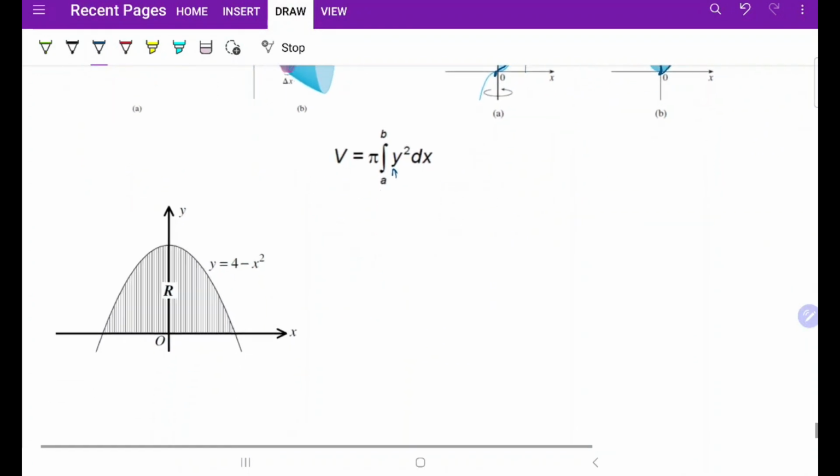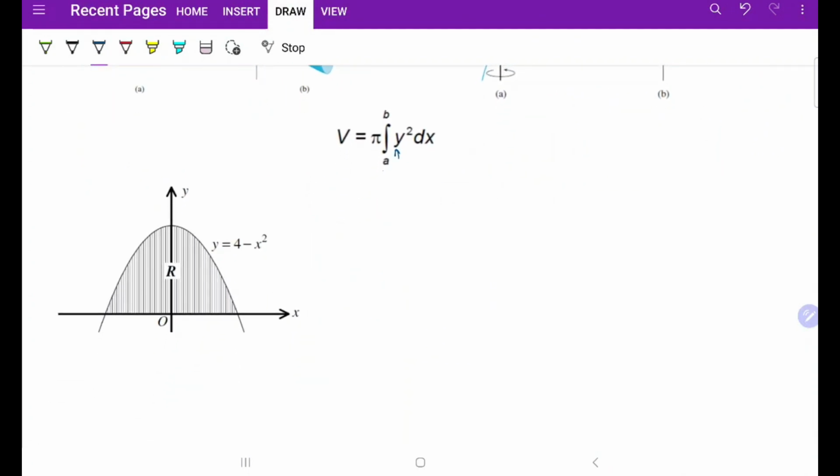So let us dive right into it. Here I've got a quadratic equation, and in this quadratic equation, we've been asked to calculate the volume of this. Without having to stress too much, we need to find out what our boundaries are first. So y equals 4 minus x squared, and this can be split up into 2 plus x, and 2 minus x.